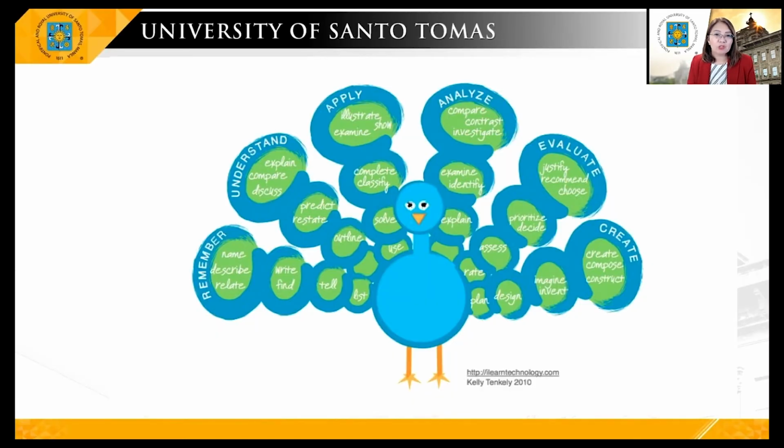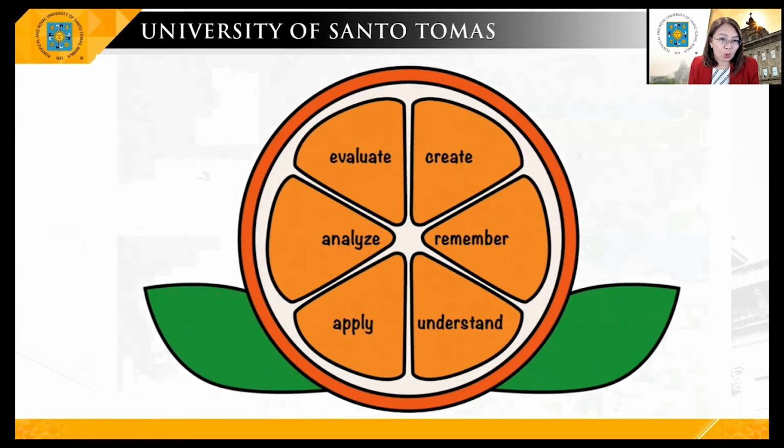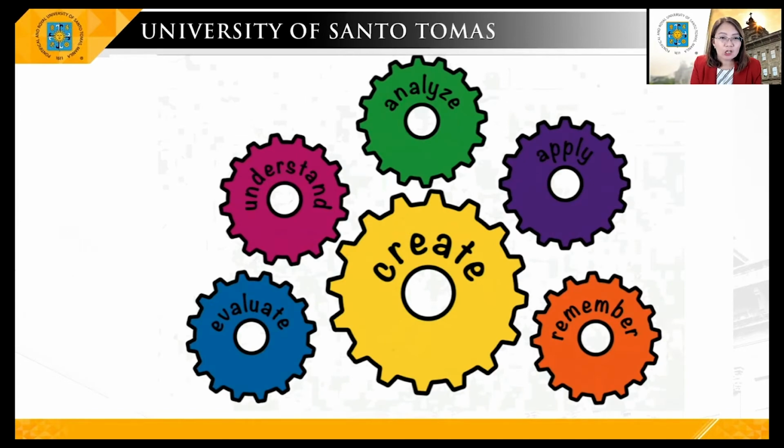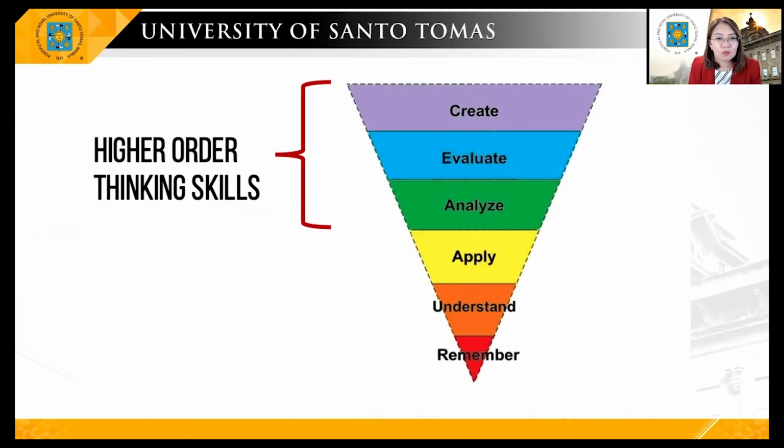In recent years, there have been iterations and metaphors to help us remember Bloom's taxonomy, including the peacock and an orange, where you have six levels that are distributed more equally. We also have moving cogs, representing an interworking system in which creation is dependent on all the other aspects. Others show a flipped pyramid, illustrating an emphasis on higher order thinking skills over lower level thinking skills.